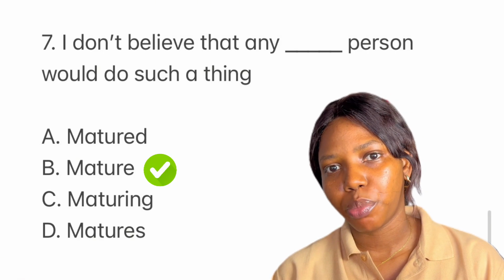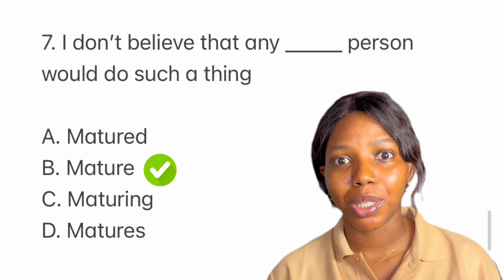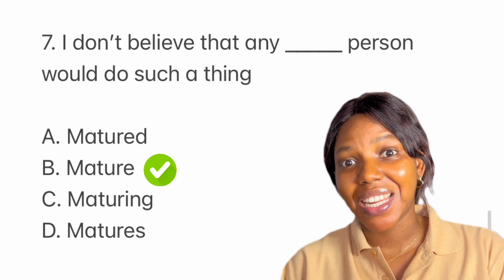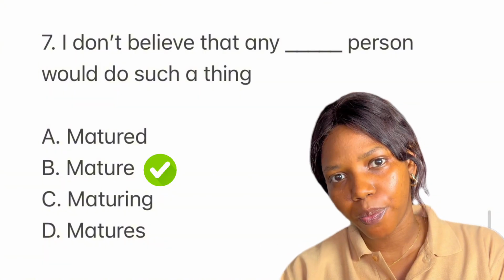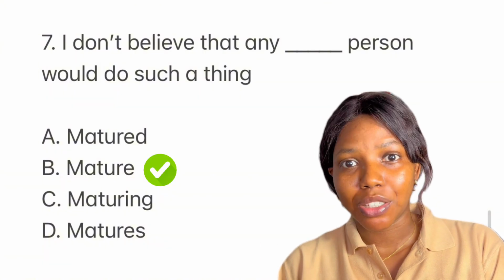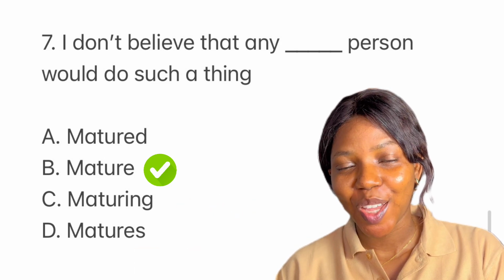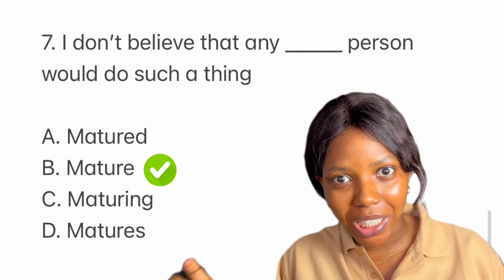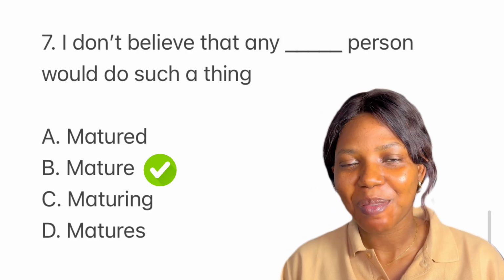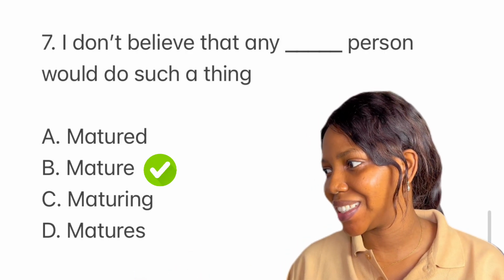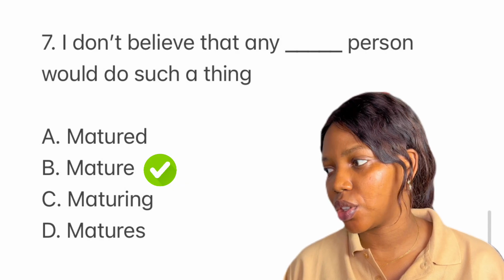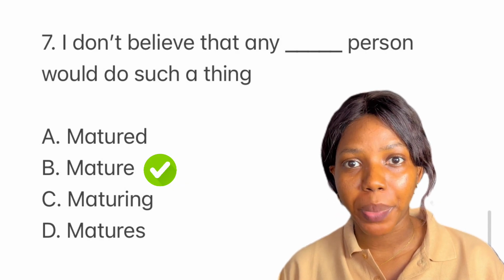When we say a maturing person or a maturing child or a maturing economy, it means it is in the process of becoming mature. Okay. But when we say mature as an adjective, the person is already mature. Okay. So there's a difference between the process and already made. So we need mature, already made. When you look at this sentence, I don't believe that any Dutch person would do such a thing. The best answer is option B, mature.